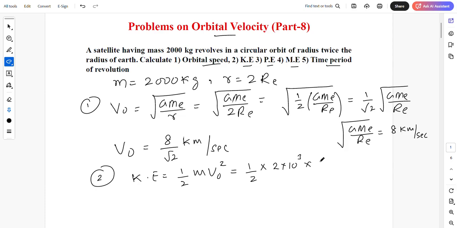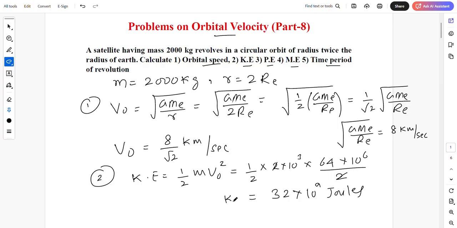V naught square is 8 kilometer, 8 into 8 is 64, so it becomes 64 into 10 to the power of 6 by 2. The 2 gets cancelled. That is equal to 32 into 10 to the power of 9 joules, which is the right answer.